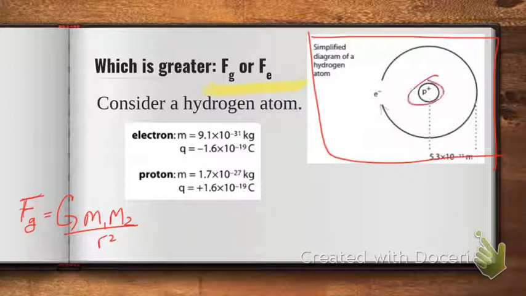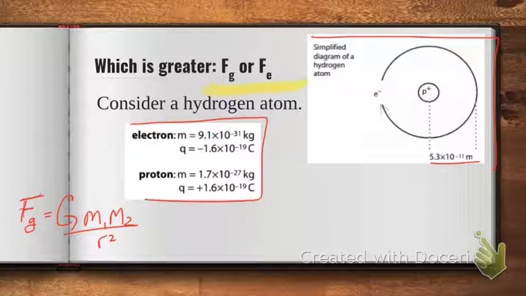It has one proton, one electron, and we're going to use this distance right down here at the bottom, 5.3 times 10 to the negative 11th. And right here are our mass and our charge. Like I said, I'm not going to plug everything in. We're just going to do an order of magnitude test to see what happens.